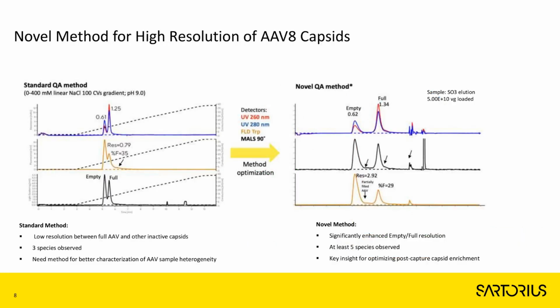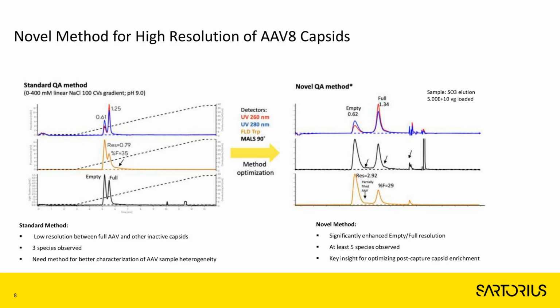Now, for less complex samples, so I would say post-polish step samples, so if you're analyzing polish fractions to see how well you are able to separate different species, here in the PATfix AAV platform, we've also included a novel method for AAV8 capsids that can separate not just empty and full capsids, but also partial capsids, as well as heavy capsids.